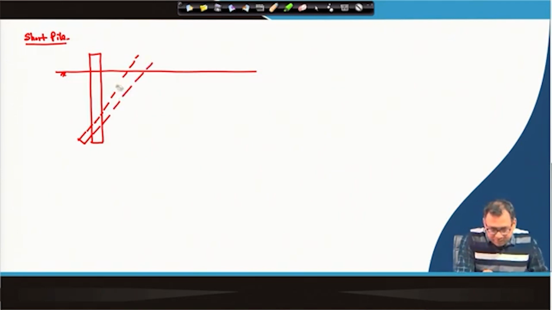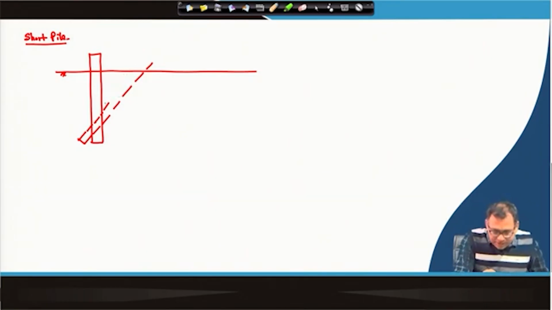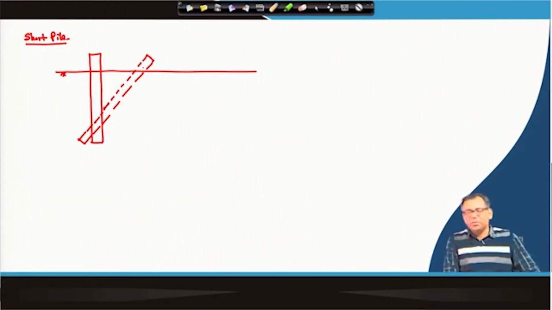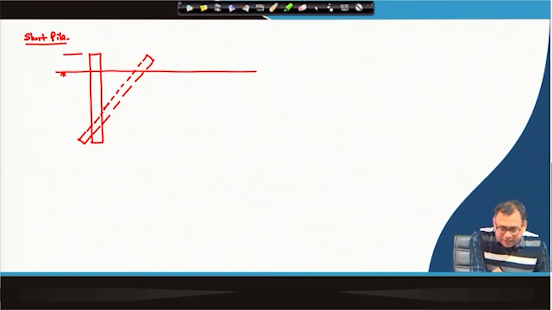The assumption is that, as the active earth pressure contribution will not be considered, the rotation is very close to the toe or base of the pile. And here Hu is acting at an eccentricity e, and L is the length of the pile.